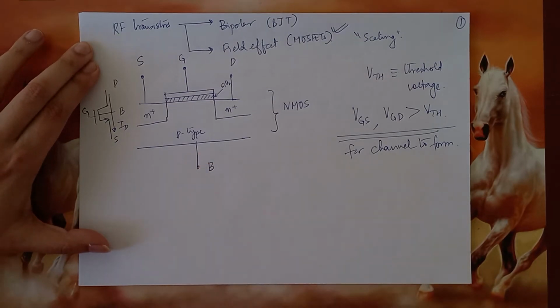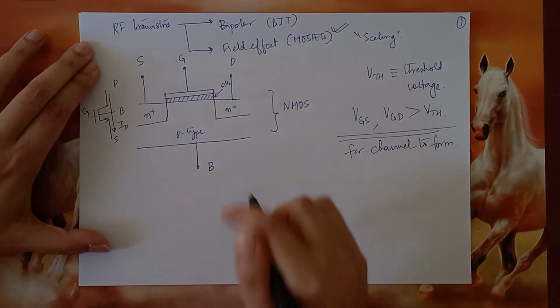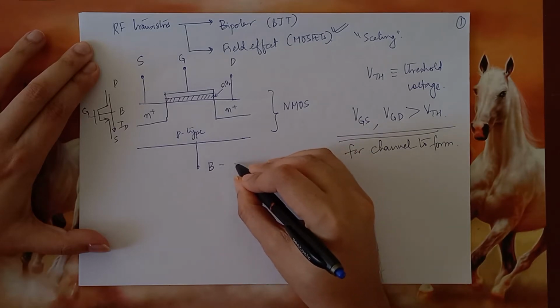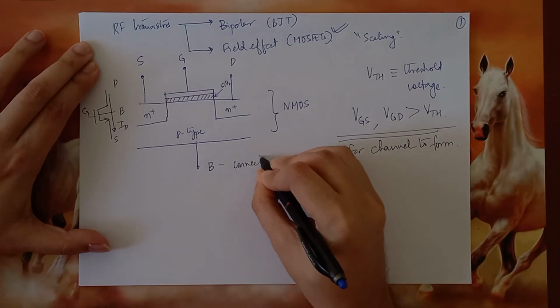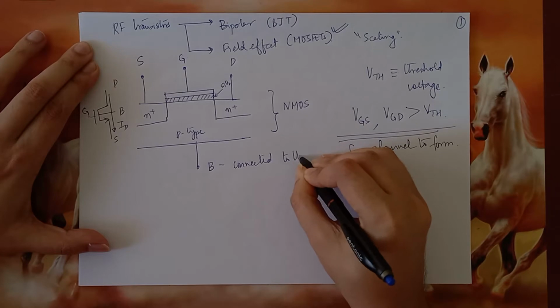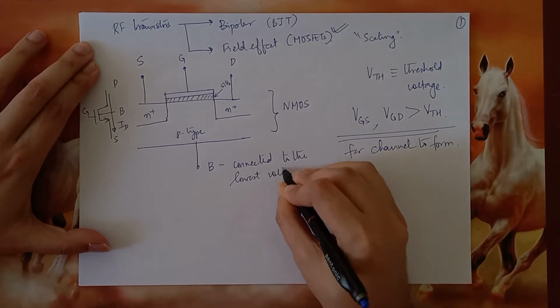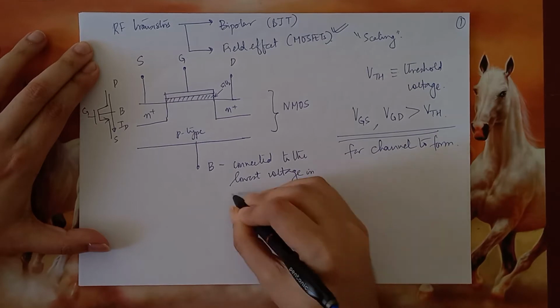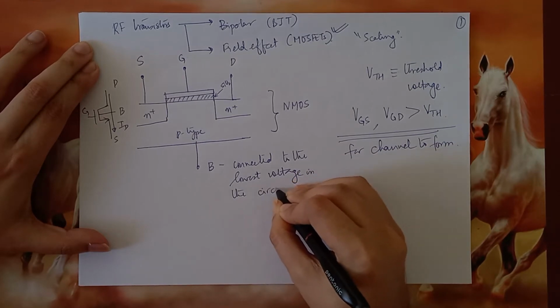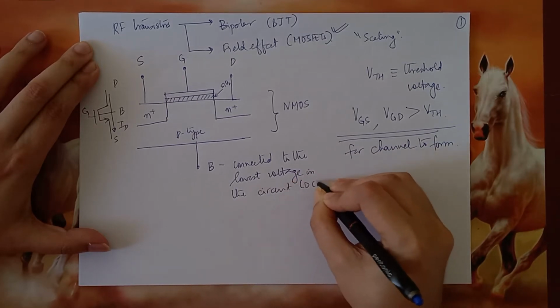Now for NMOS, the body terminal is usually connected to the lowest voltage. The lowest DC voltage in the circuit.